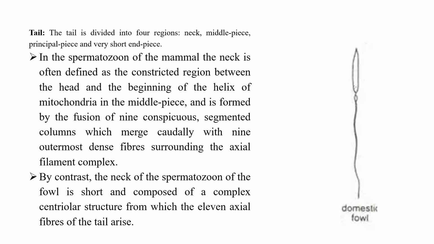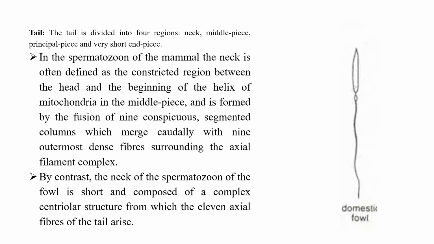But in contrast to that, the neck of the spermatozoa of the fowl is short and composed of a complex centriolar structure from which 11 axial fibers of the tail arise. The spermatozoa of the fowl is comparatively smaller when you compare it with the spermatozoa of the mammals.